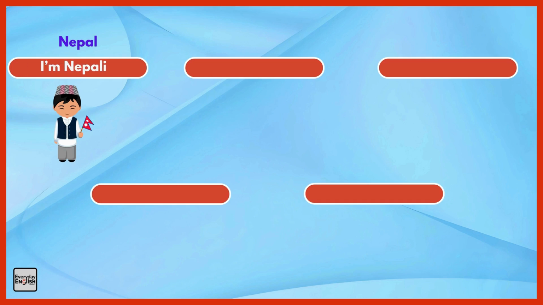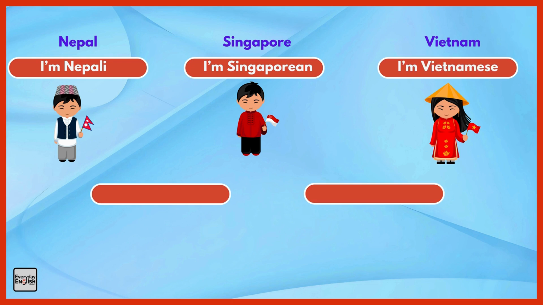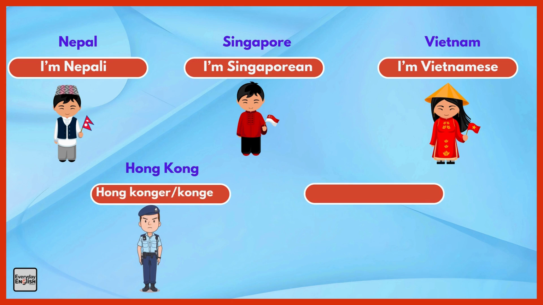I'm Nepali. I'm Singaporean. I'm Vietnamese. I'm Hong Konger. I'm Hong Kongese. I'm Thai.